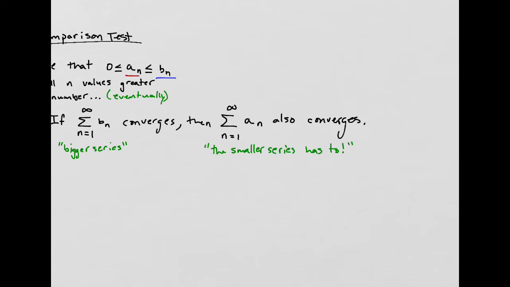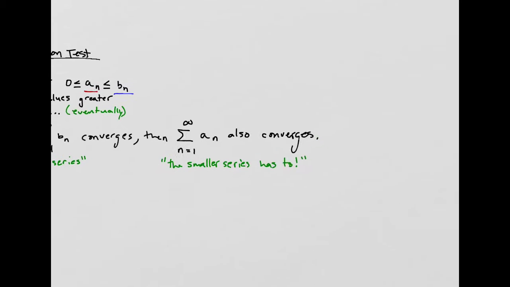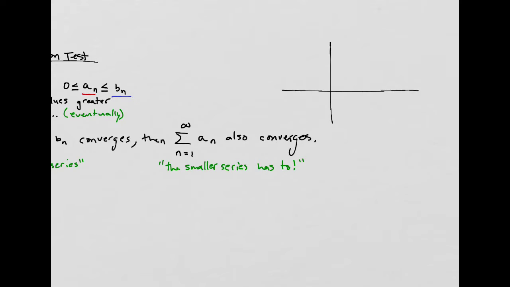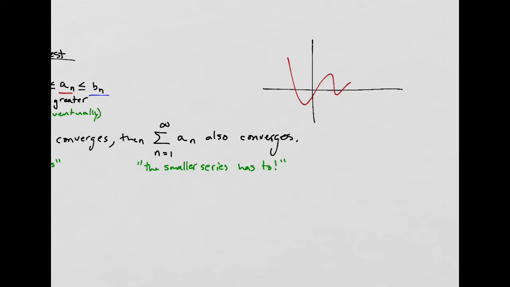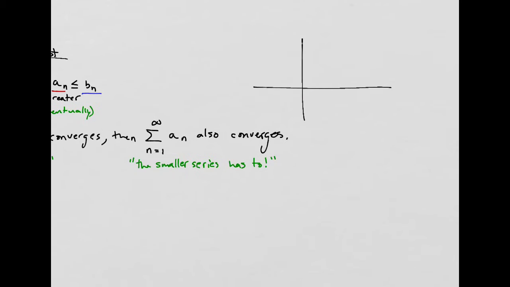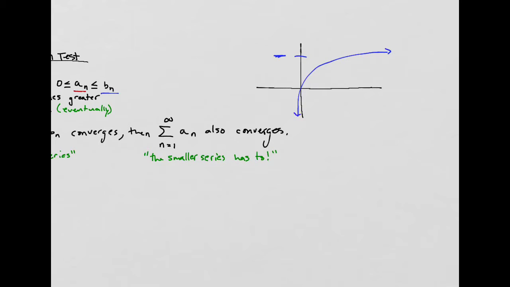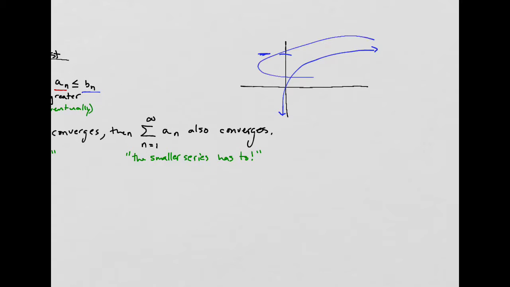Now let's go back to our picture. Let's make a graph. A sub n does whatever, and actually, let's draw the bigger one first. Suppose we have the bigger one, and it converges to some value here. That series converges.